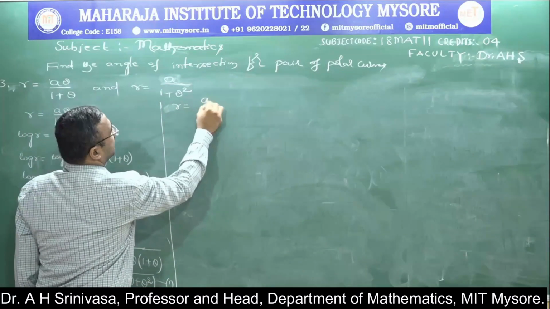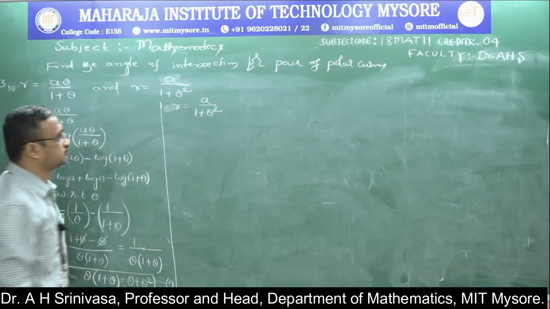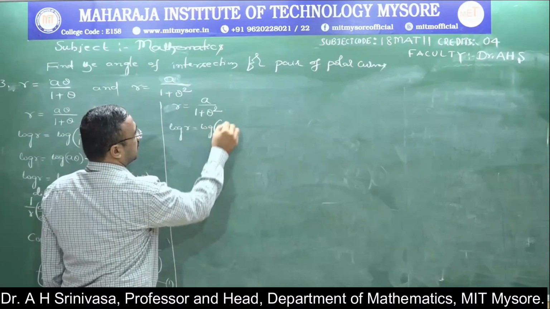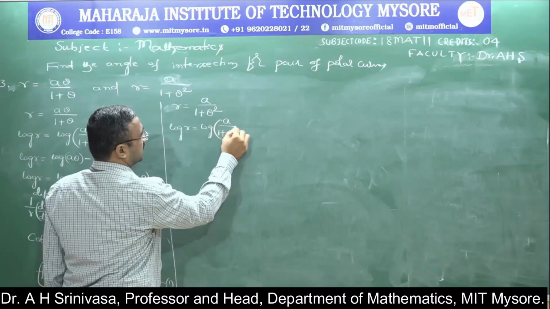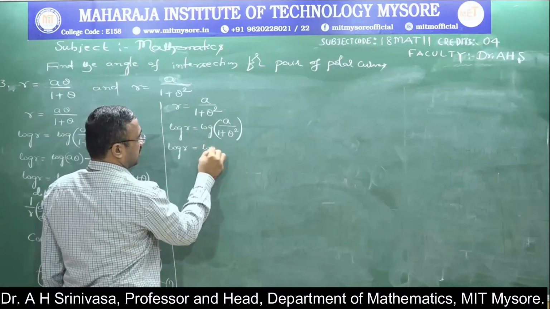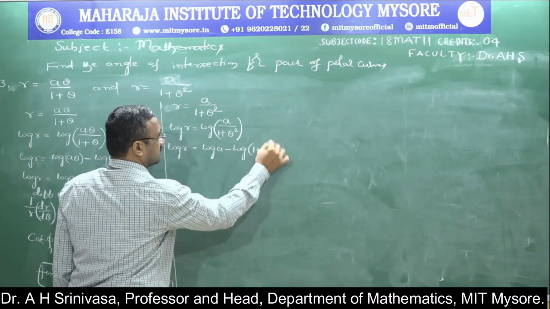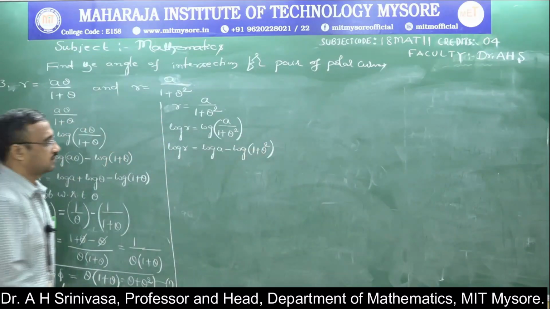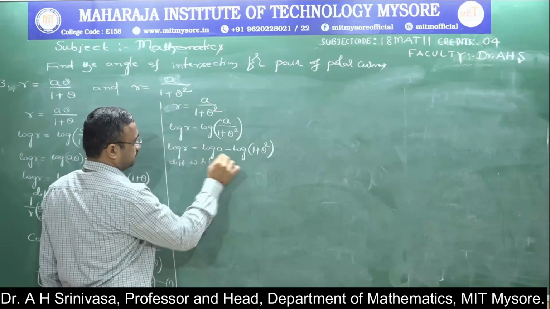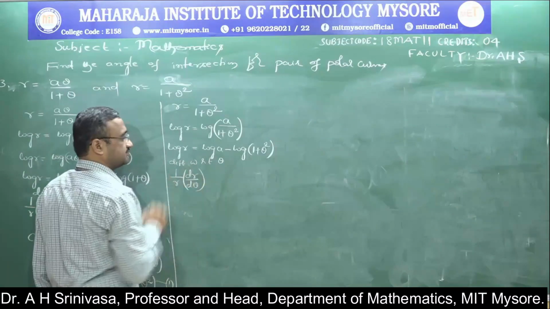R equal to A divided by 1 plus theta square. Okay. It is log R equal to the logarithm of A divided by 1 plus theta square. Log R equal to log A minus the logarithm of 1 plus theta square. Now differentiation of this one. It is 1 by r, dr by d theta.